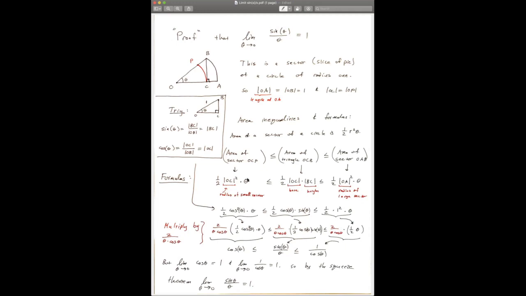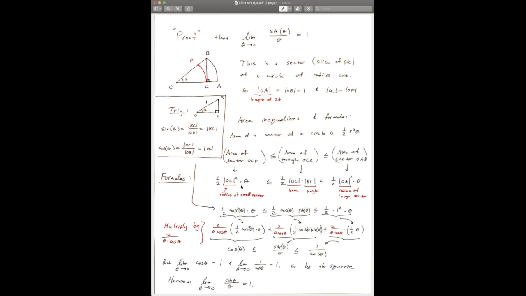If you have the whole circle, your angle is 2 pi. If you have half a circle, your angle is pi, and you get 1/2 times pi r squared, which is literally 1/2 the area of the circle. It's really just based on ratios, this formula for the area of a sector.